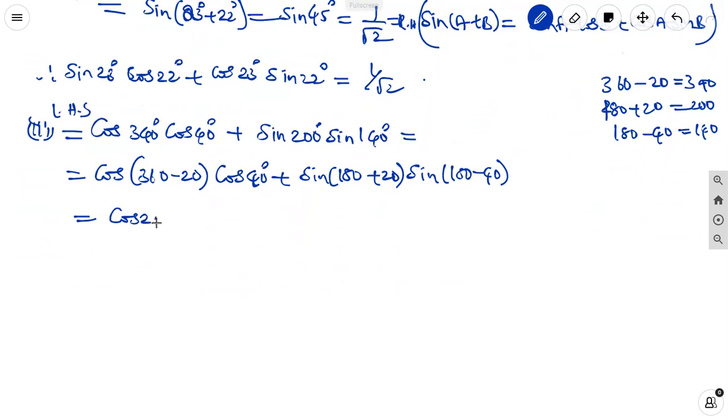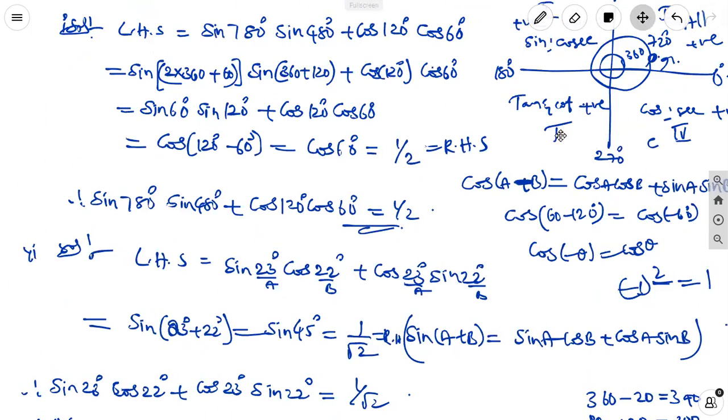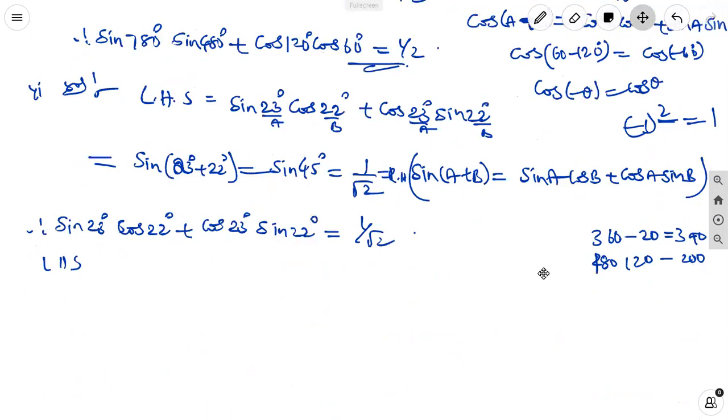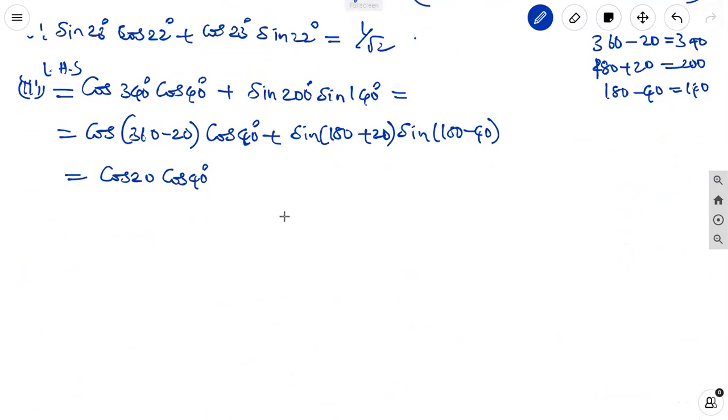So that is cos 20 and cos 40. 180 plus 20 is in the third quadrant. In the third quadrant, sine is negative. So we can write it as minus sine 20. And in the second quadrant, sine is positive. So it is sine 40.